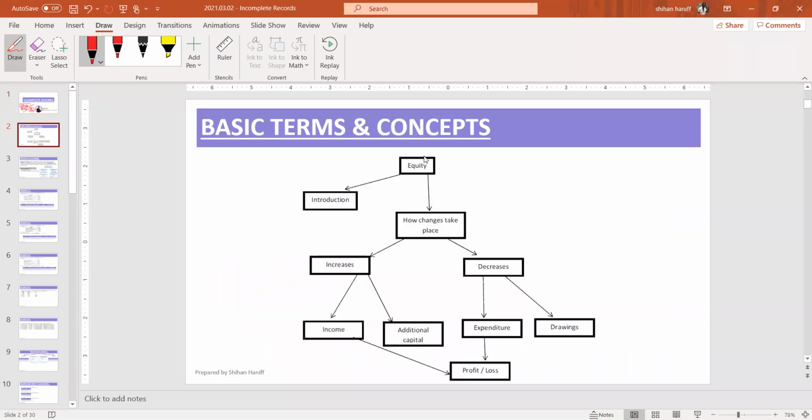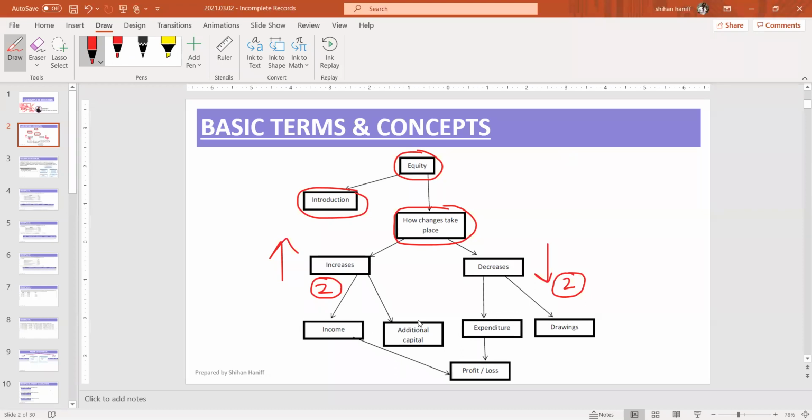So, basic terms: we need to know what equity is and how equity is changing. Equity can increase or decrease. There are two main reasons for the increase of equity, and two reasons for the decrease.